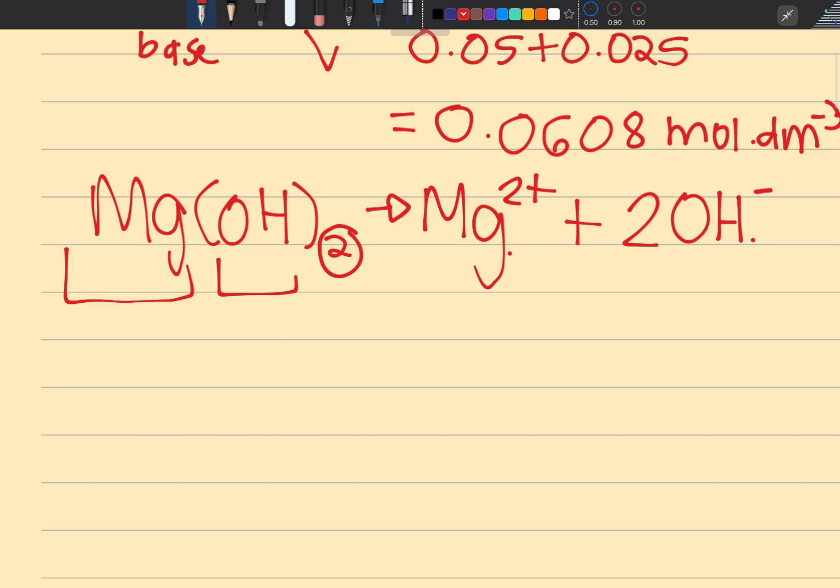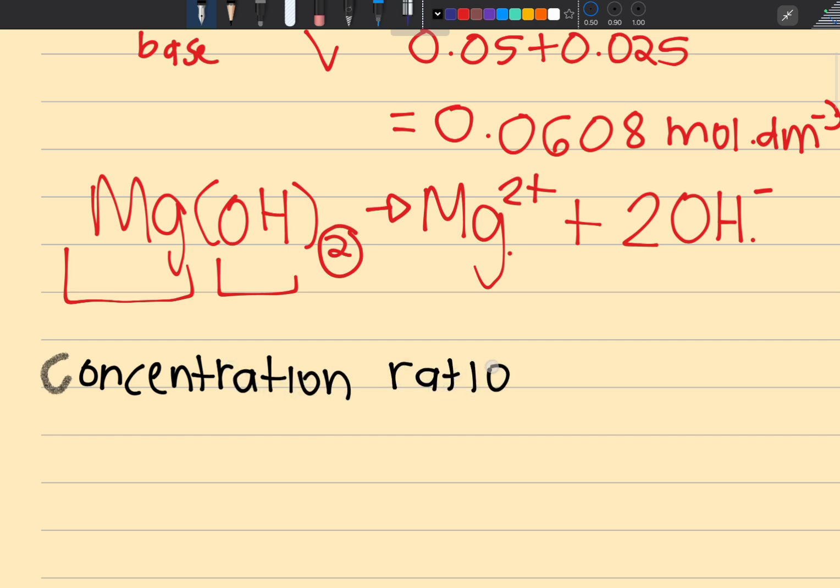In the acids and bases chapter, we are allowed to use concentration ratios. When an acid or a base dissociates, you are allowed to use concentration ratios, which means since I do have the concentration of the Mg(OH)2, it is 0,0608. Then I can do the ratio.